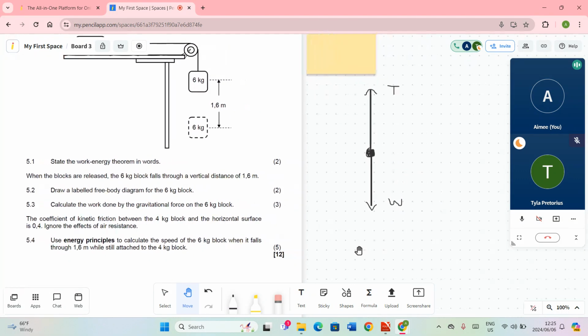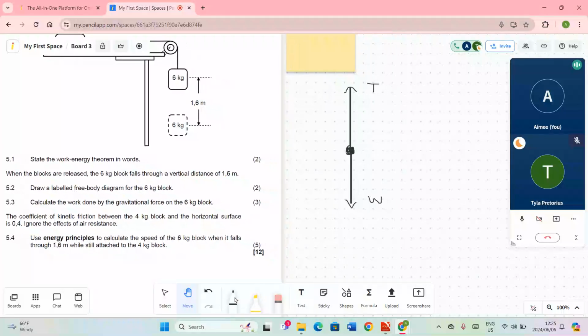Okay? So, what is our formula for work? Remember, you need to go back to your formula sheet. I always suggest that you tear the formula sheet off the back of your question paper. Usually your formula sheet is at the back of your question paper.